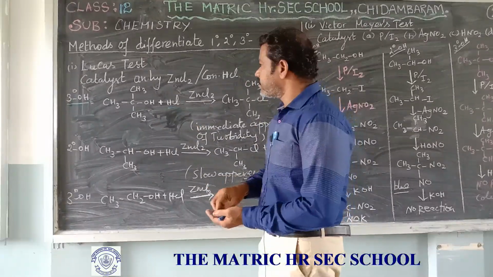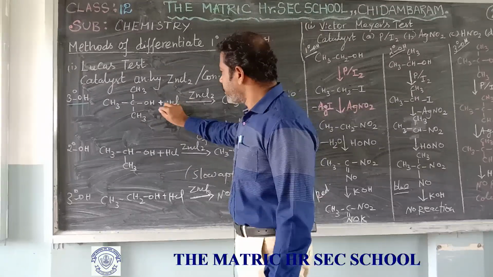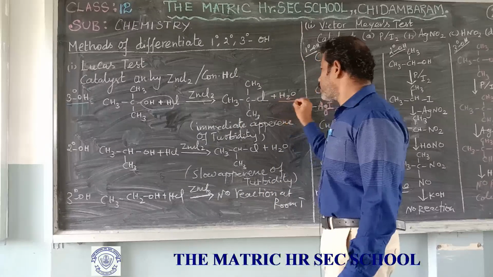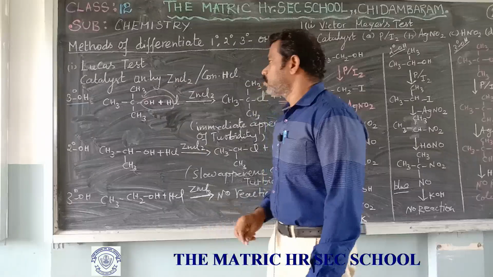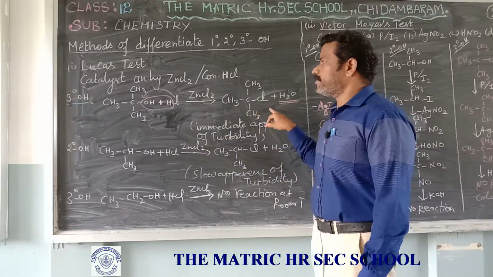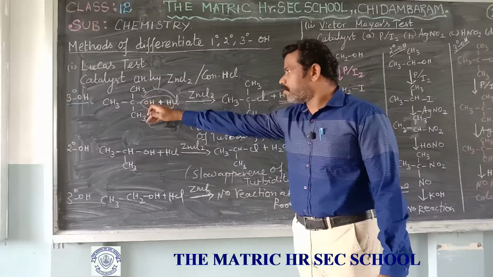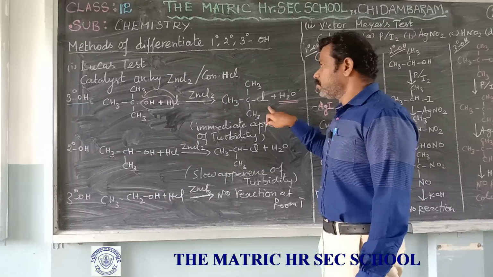The hydrochloric acid reacts with the tertiary butyl alcohol, one water molecule goes out, and chlorine is substituted at this part. The hydroxyl group is eliminated and replaced by a chlorine atom, so you will get tertiary butyl chloride.